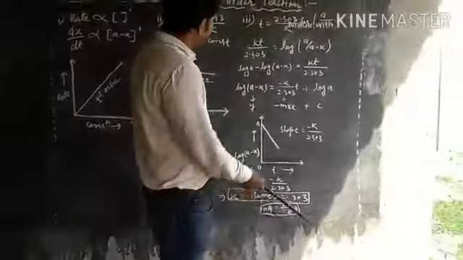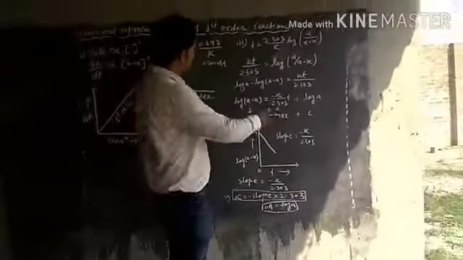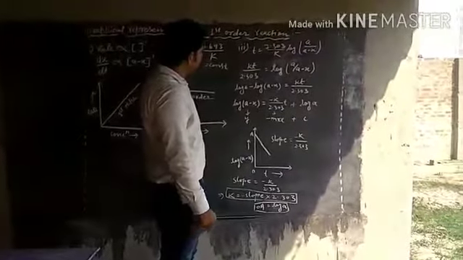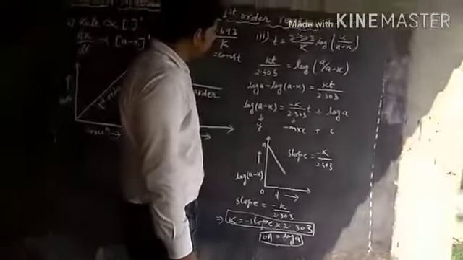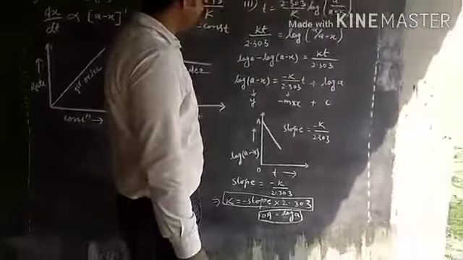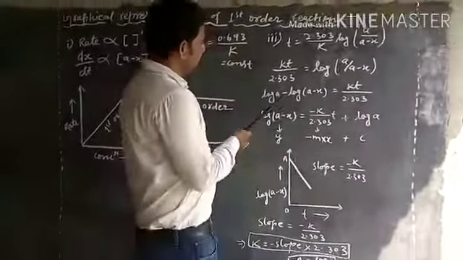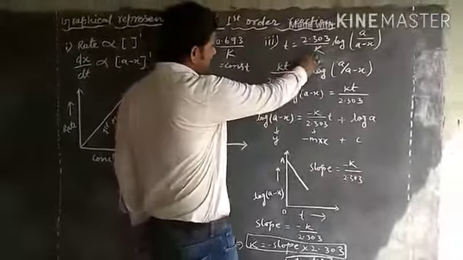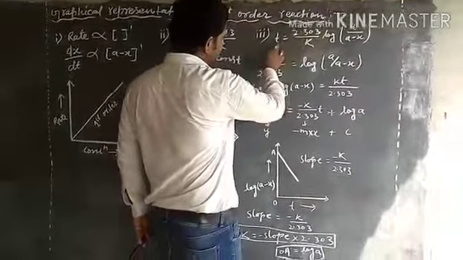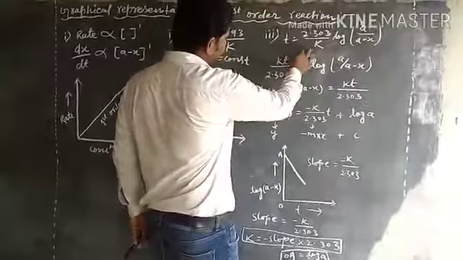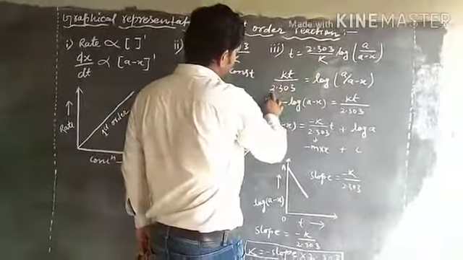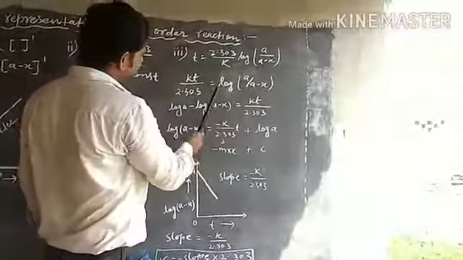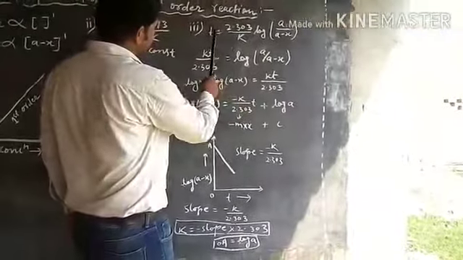And in third, T equal to 2.303 by K log A by A minus X. When we multiply this term by this, means kt by 2.303, so from this equation we can calculate by cross multiplication.